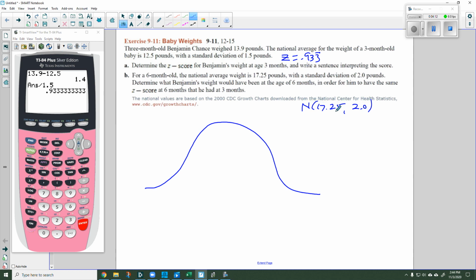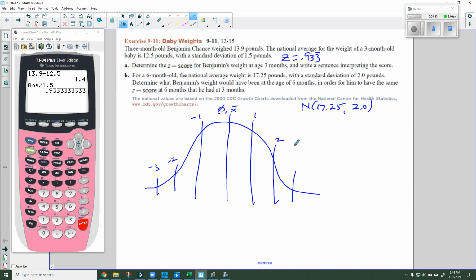So obviously heavier weight and a little bit more variability. Makes sense. So -3, -2, -1. This is 0 and is also my mean. And here's 1, 2, and 3.